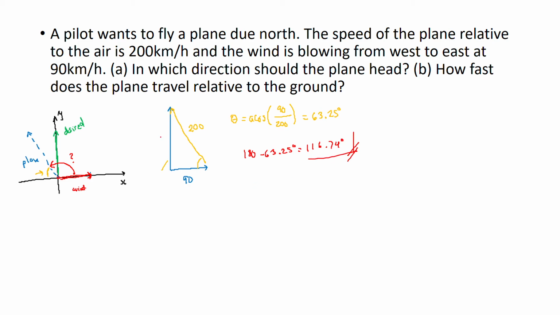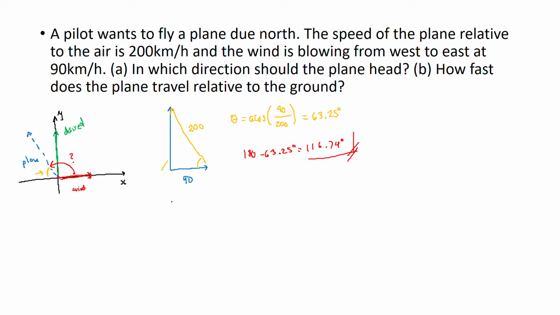Now the second one: how fast does the plane travel relative to the ground? That's an easy one too, because we can use the law from that funny guy named Pythagoras. If you notice, we already have two sides of a triangle, and we need to find the other one. We have the hypotenuse and one of the legs, so we just need the other.